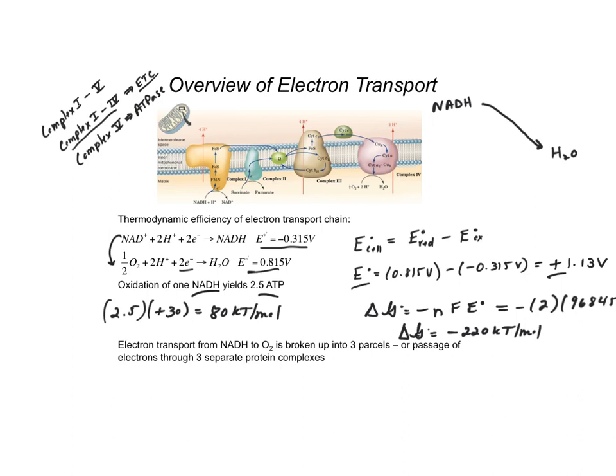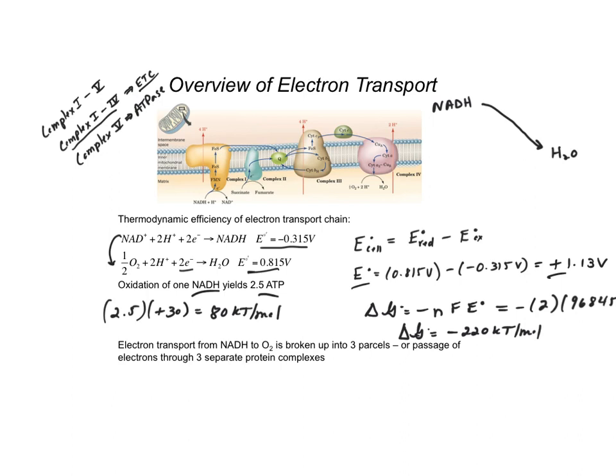Why would that be the case? The efficiency of this is only like 30, 35%. In reality, it ends up being like 60 to 70% with the actual conditions in vivo. But why would you want to waste so much energy? This goes back to the idea behind reversibility in chemical reactions. If you throw away a lot of energy in the form of heat, is the reaction reversible?